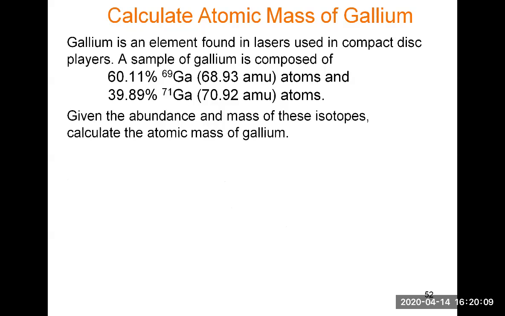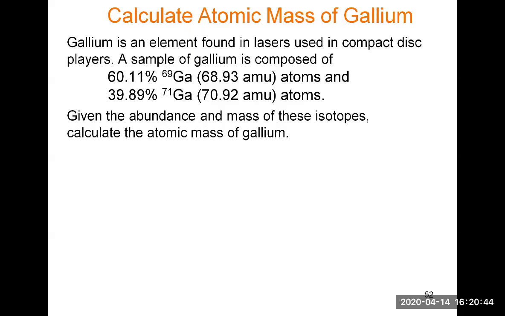A sample of gallium is composed of 60.11% of gallium-69, and you're given the atomic mass for that isotope. And it's made of 39.89% of gallium-71, and you're provided the atomic mass for that isotope. Given the abundance and the mass of these isotopes, calculate the atomic mass of gallium.